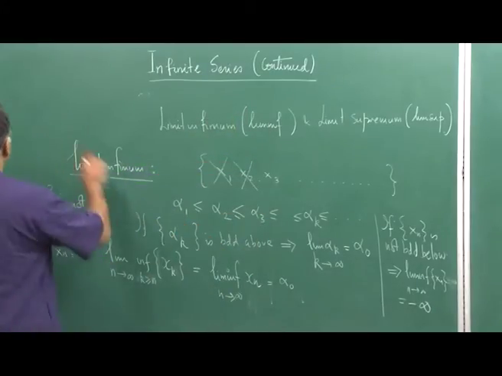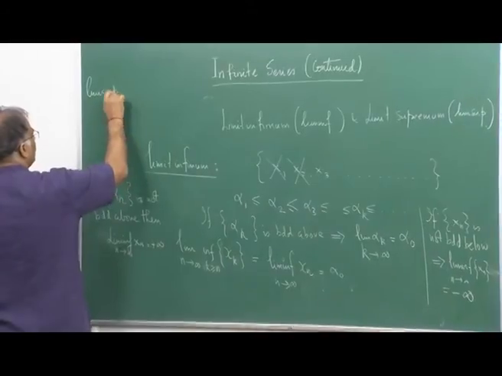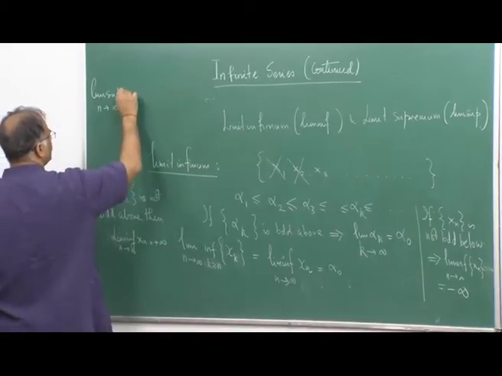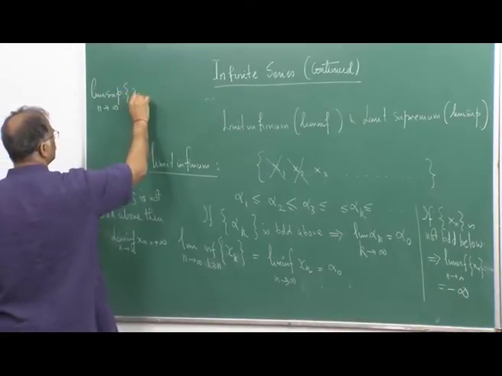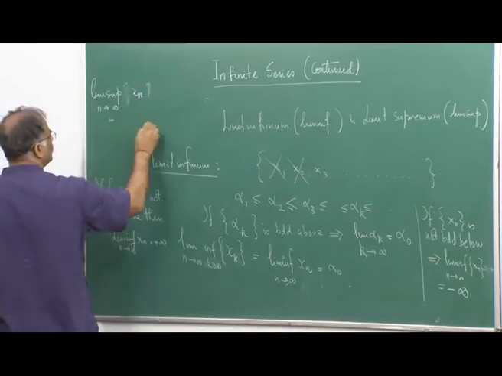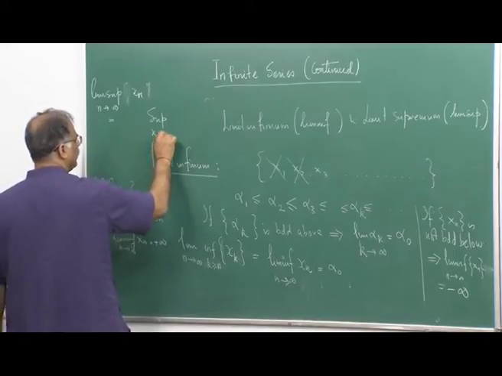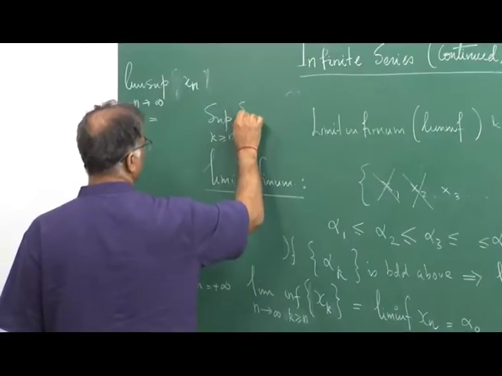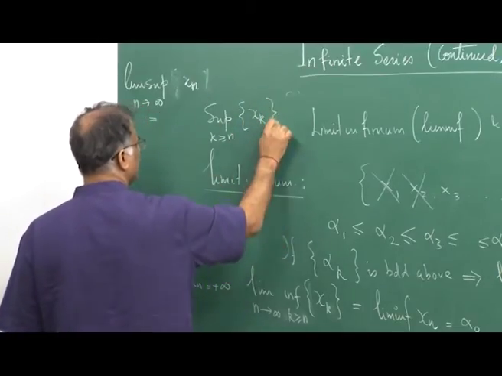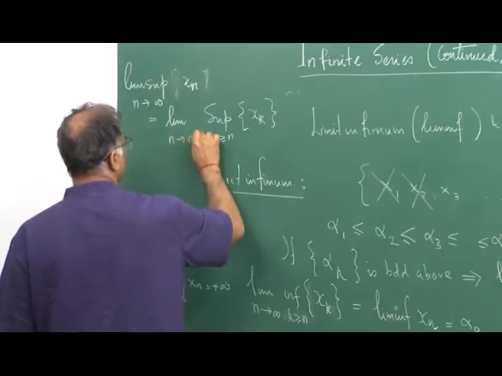So limit supremum of xn is equal to, first take the supremum over k greater than or equal to n of xk, and then take the limit as n tends to infinity.